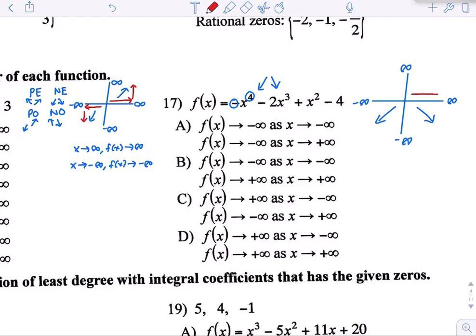So as x goes to infinity, f of x goes to negative infinity. As x goes to negative infinity, f of x goes to negative infinity.